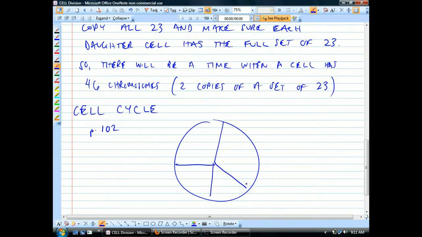And this is the cycle, and it goes around like this. It's divided up like time, like how much time it is spending in each one. And there's one that is called the S phase. Okay? And in the S phase is where chromosomes are copied.